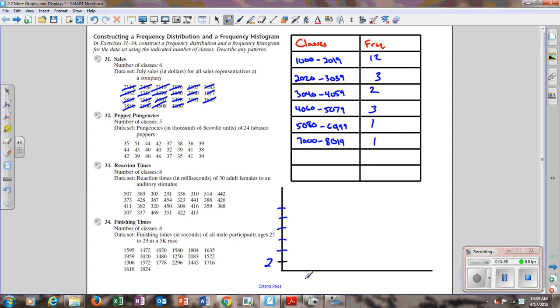Basically, you're going to do 1,000 plus 2019 divided by 2 gives you 1509.5. So you need this little squiggle thing, and then you can start right here and say 1509.5.